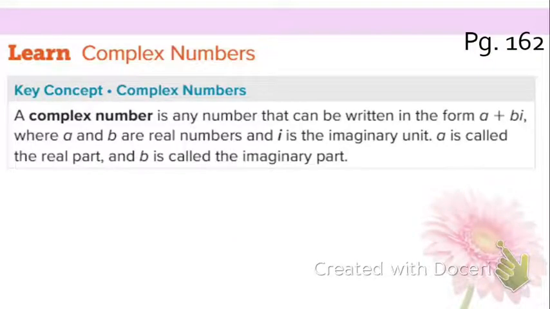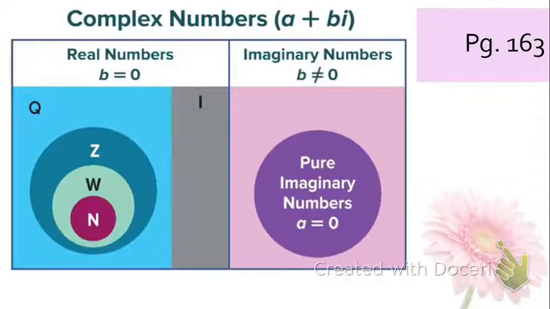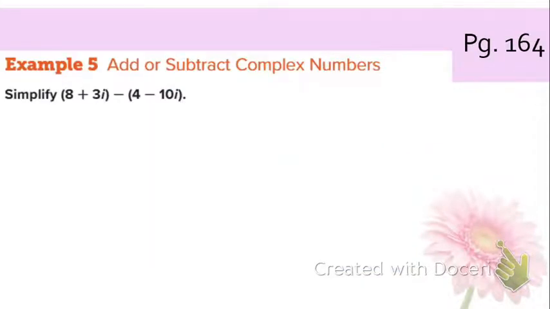So looking at our complex numbers, anytime you add a real number to an imaginary number, the real part is called a, the imaginary part is called b. So let's go to example 5 on page 164, and this is just like the bell work. It's no different from the bell work.